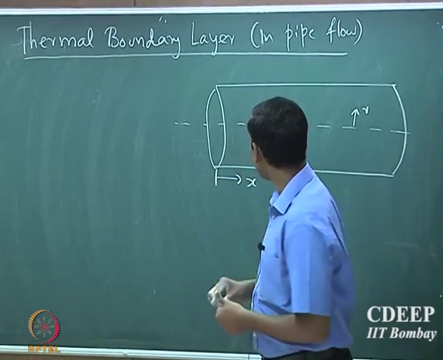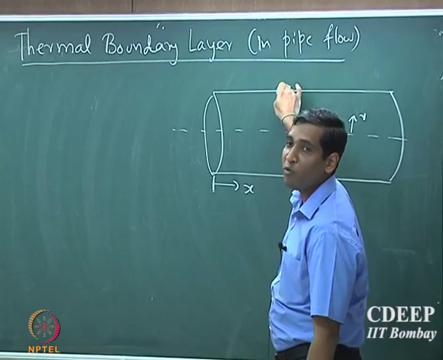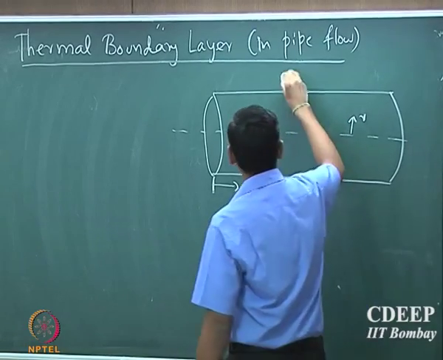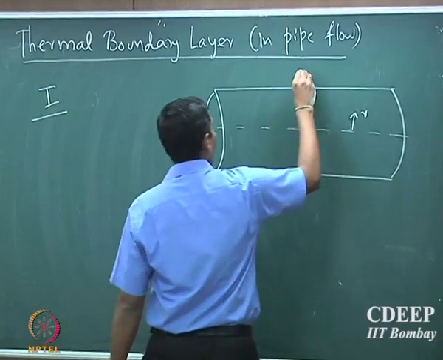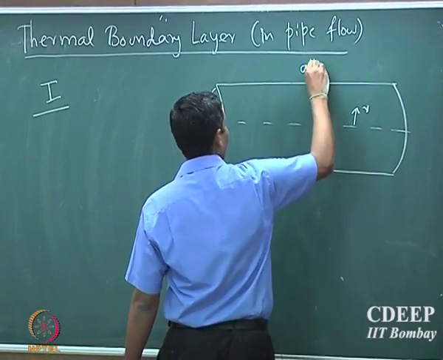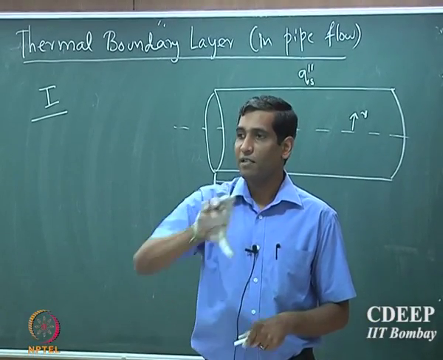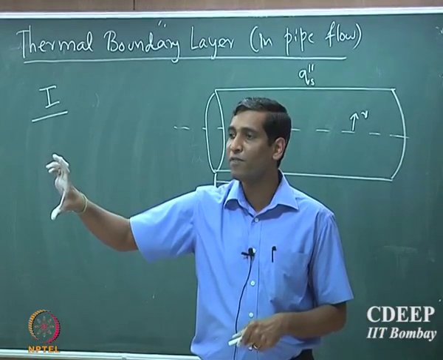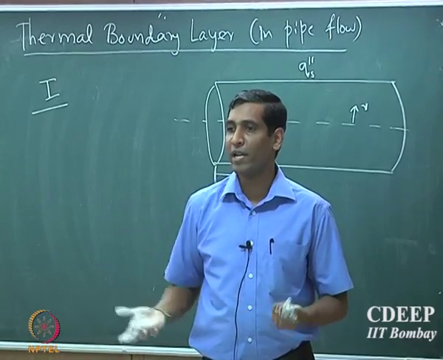One is you can maintain a constant flux of heat that is actually removed from that surface. So case 1 would be, I have a constant surface heat flux. I can have a situation where the flux of heat that is either removed or given to the cylinder or the tube is maintained constant.